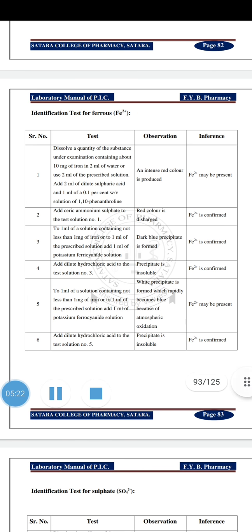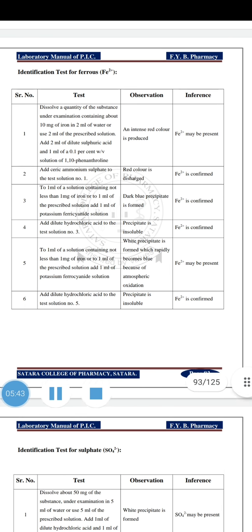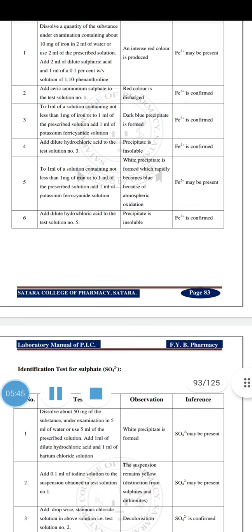A white precipitate is formed and rapidly becomes blue because of atmospheric oxidation, and ferrous may be present. The next test of this, add dilute hydrochloric acid to test number 5, then the precipitate is insoluble and ferrous is confirmed. These are all tests used for the identification of ferrous.